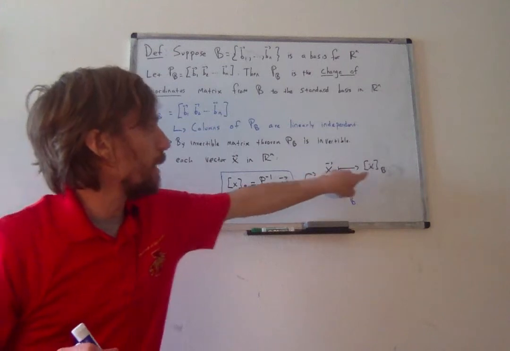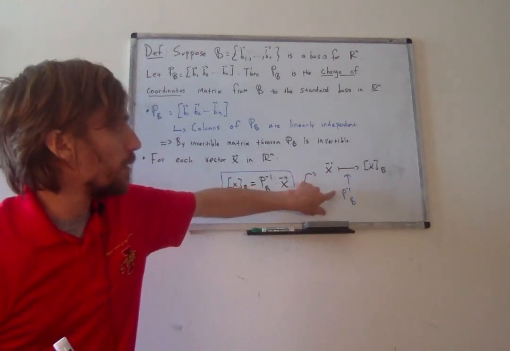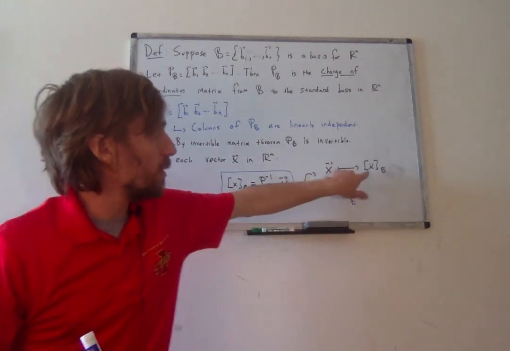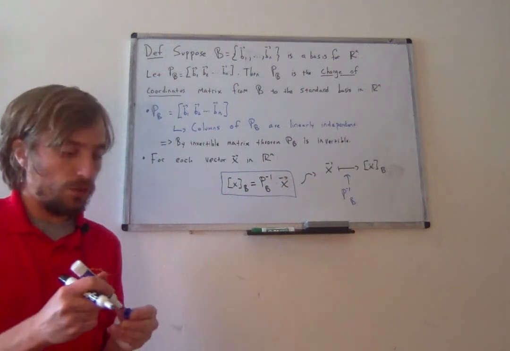So this linear transformation has corresponding matrix P sub B inverse, meaning that this transformation is one-to-one and onto.